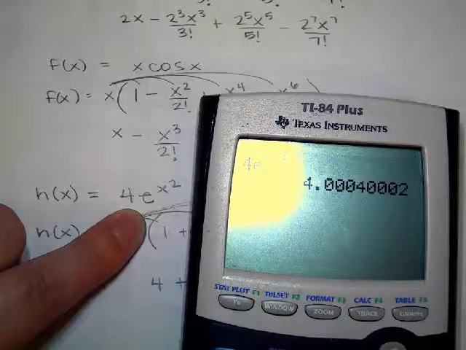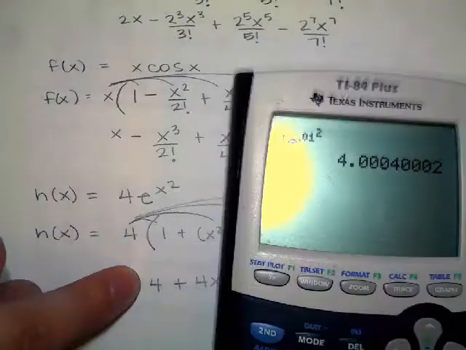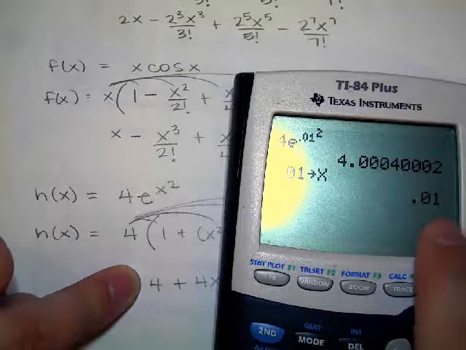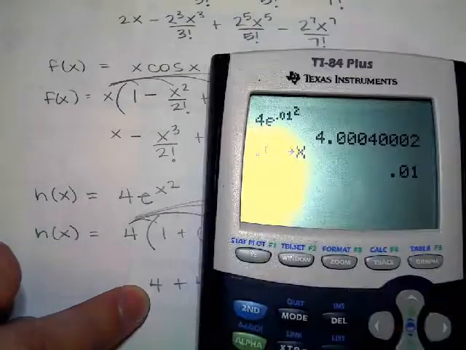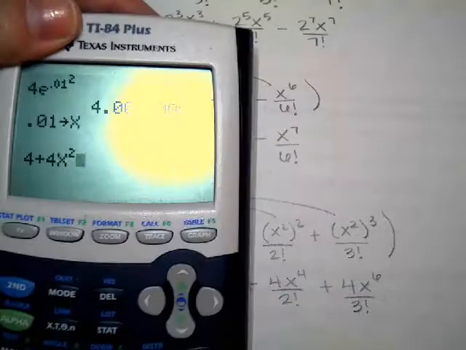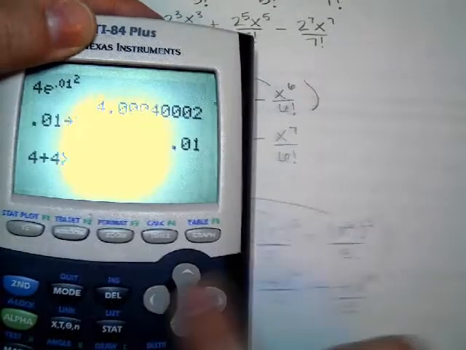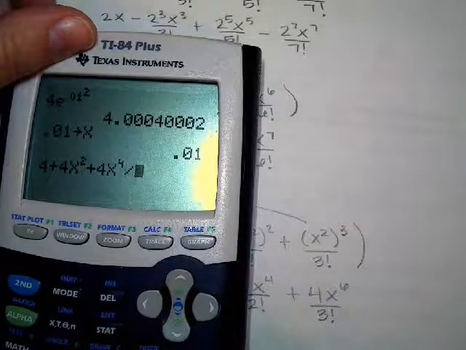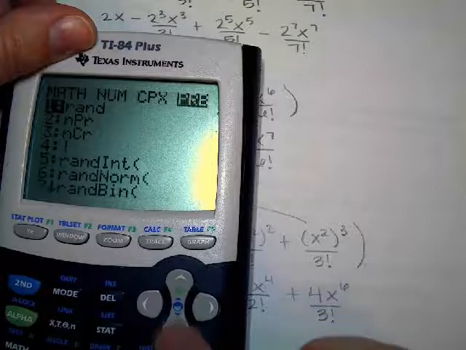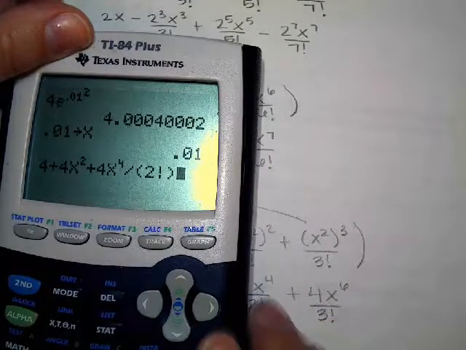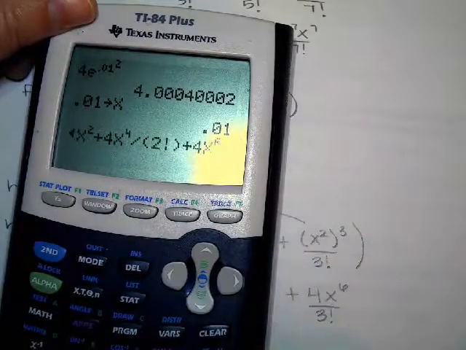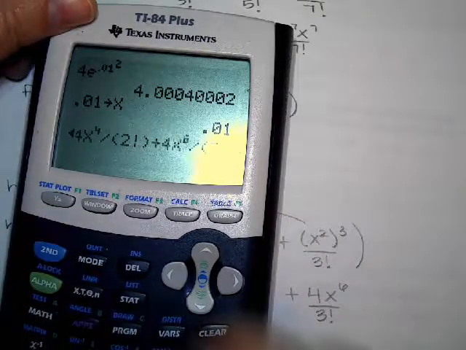And now I'm going to plug in 4 plus 4x squared plus 4x to the 4th divided by 2 factorial plus 4x to the 6th divided by 3 factorial. Same number.